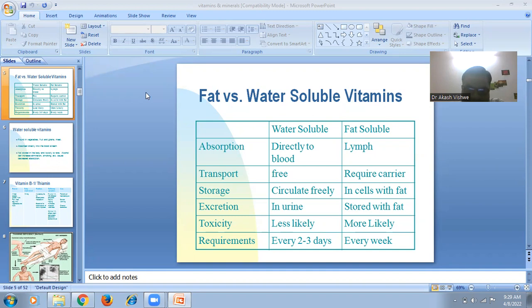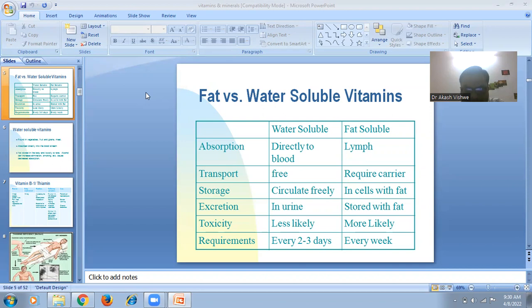Water soluble vitamins are stored freely in the circulation, while fat soluble vitamins are stored in the cells with the fat. The excretion of water soluble vitamins is through the urine, but fat soluble vitamins are not excreted in the urine; they are actually stored with the fat.